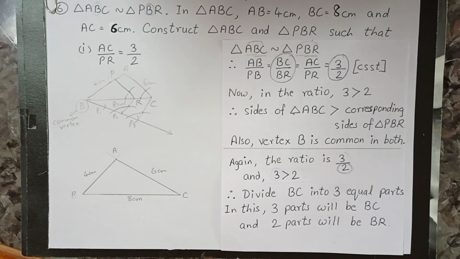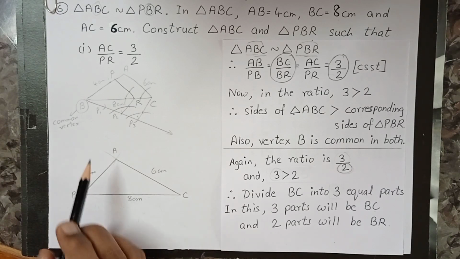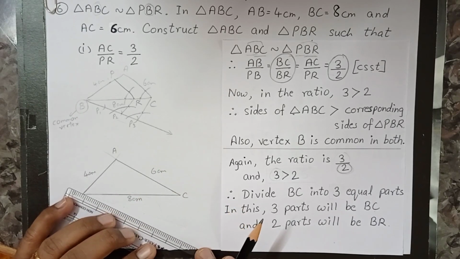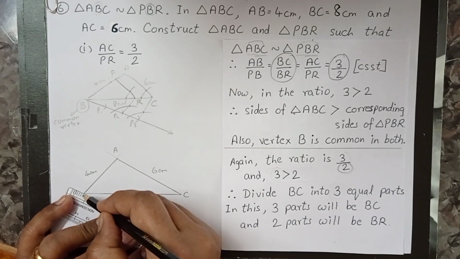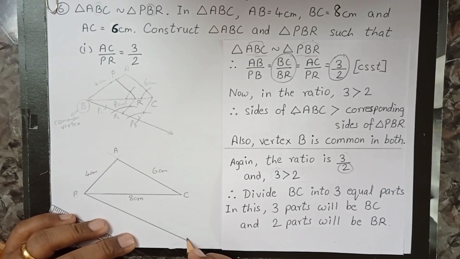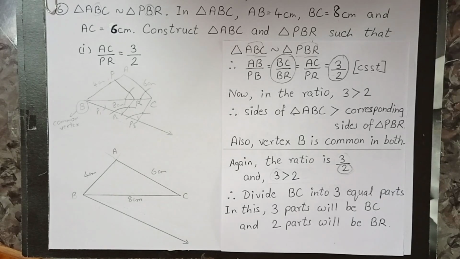Now let us see how to draw this triangle PBR. As we discussed before, first step is you have to draw a ray. So let us draw a ray. Any measurement will do from point B. This is a ray. Now taking any measurement on the compass, make 3 cuts.